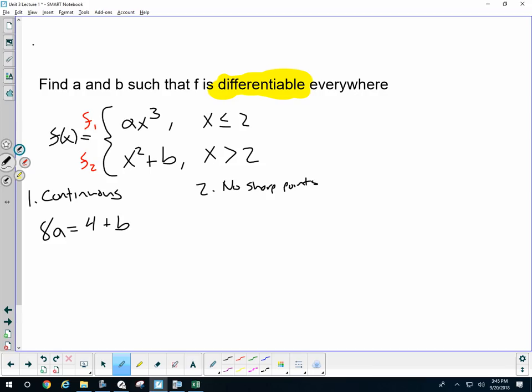Boom, sharp point. How can I make sure that the slope from one side is the same as the slope from the other side? Sure, but that's the continuity part. Check the slopes. I want to make sure that the slopes end up approaching the same value.